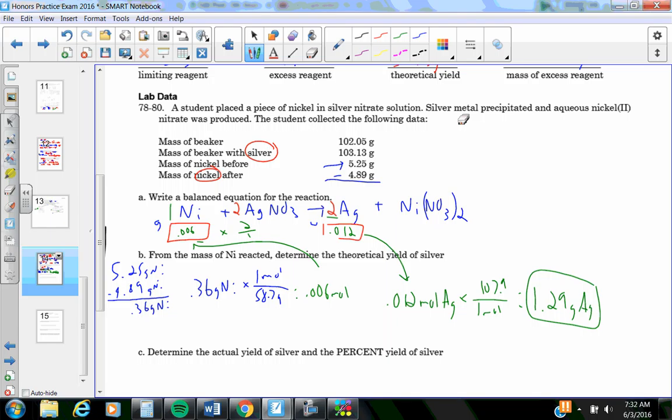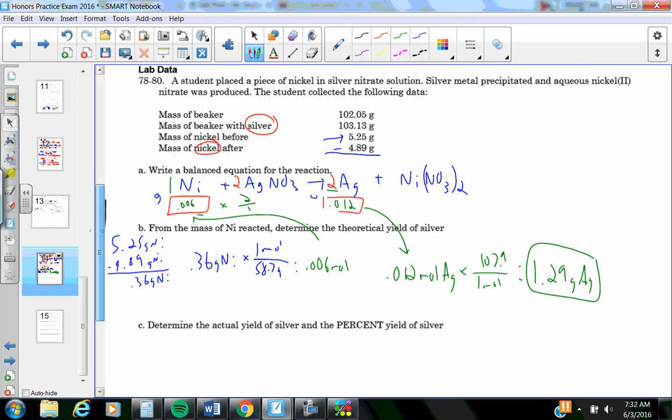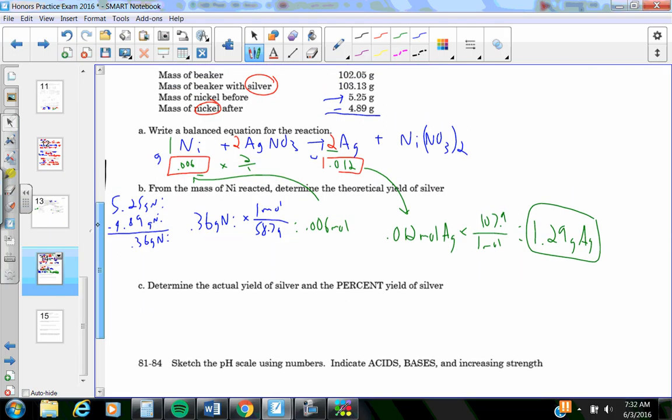Did I? Let's figure out the actual yield. The actual yield, well, we had a beaker that was empty, and then when we were all done, I had some silver and it weighed a little bit more. The actual yield is going to be my silver information, 103.13 grams, minus the beaker weight, and that's going to be 1.08 grams silver actual. So we were supposed to get 1.29 grams.